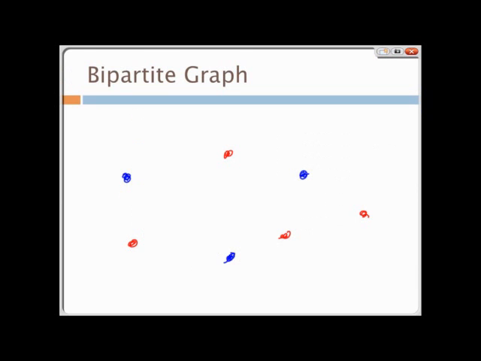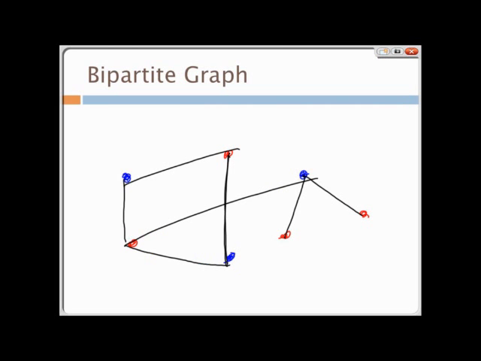And here is an example of what a bipartite graph would look like. And as we connect them, you can see that no two colors are touching each other. Therefore, it is a bipartite graph.